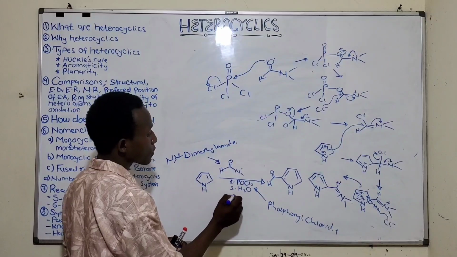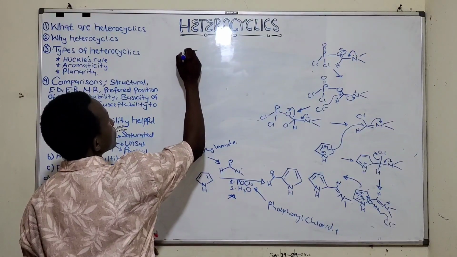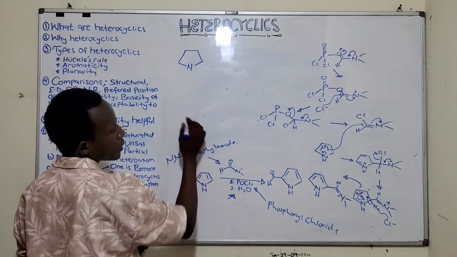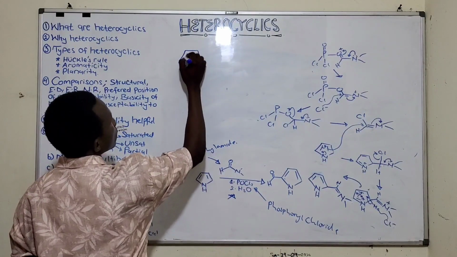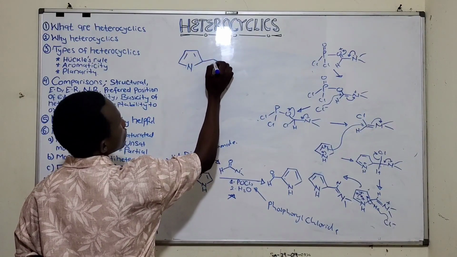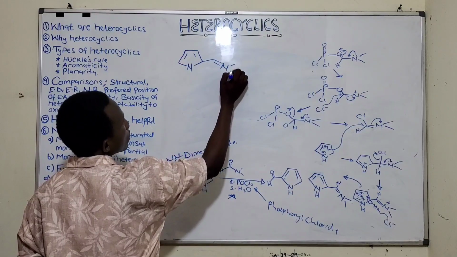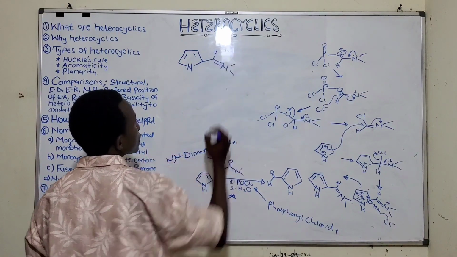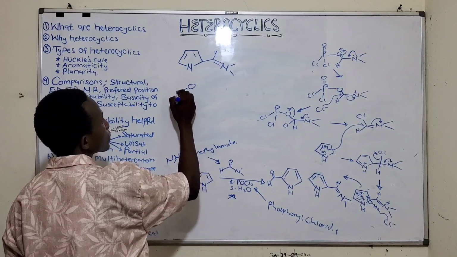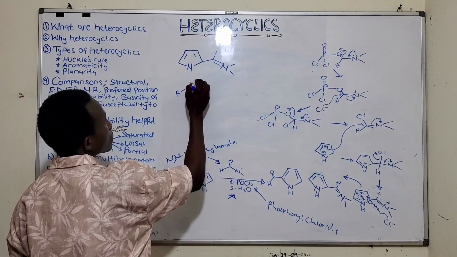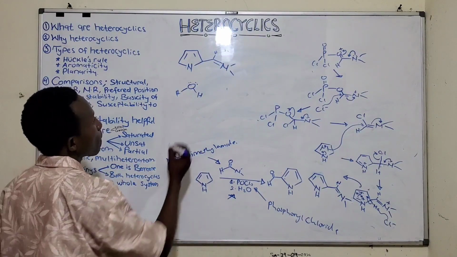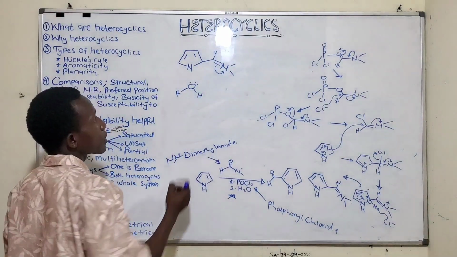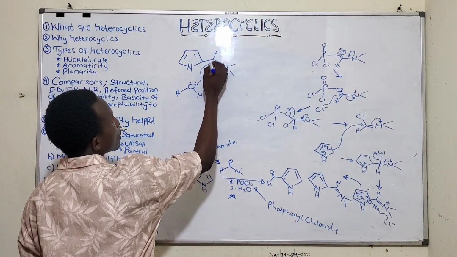Then water comes. We have this N with double bond, nitrogen, and two methyl groups with hydrogen. Then water comes. As this nitrogen takes its bond back, this one will attack the carbocation.